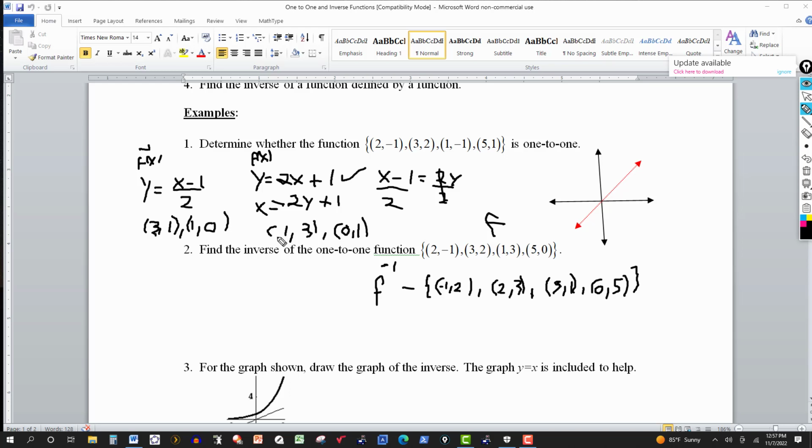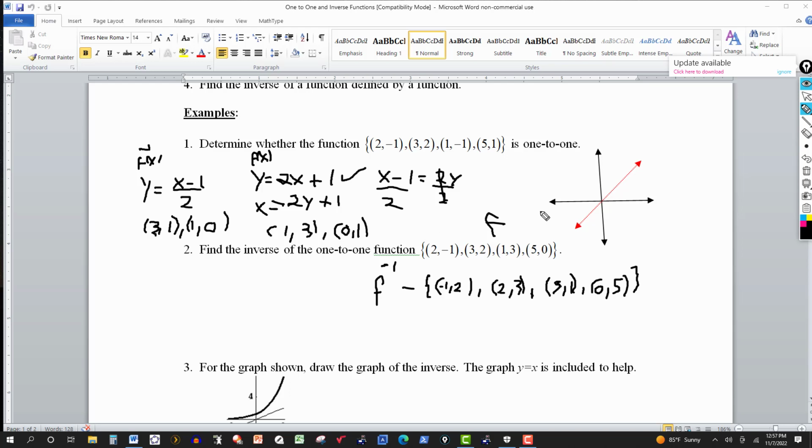So if I know these 2 points belong to the graph of this line, if I reverse those points they will be on the graph of the inverse. So notice if I put a 3 there, 3 minus 1 is 2, 2 divided by 2 is 1, it checks. Put a 1 there, 1 minus 1 is 0, divided by 2 is 0, it checks.